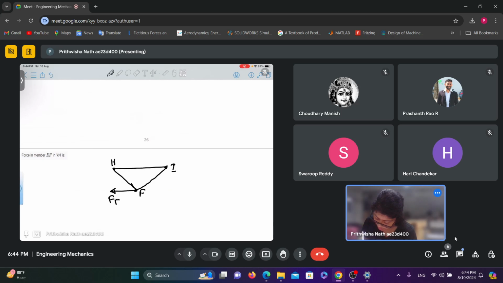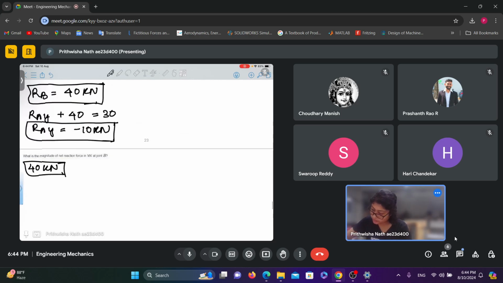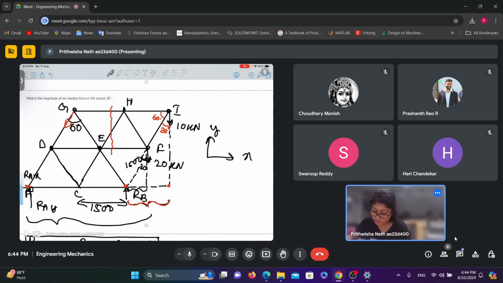So FE, HG. Is this clear? How I am getting this?